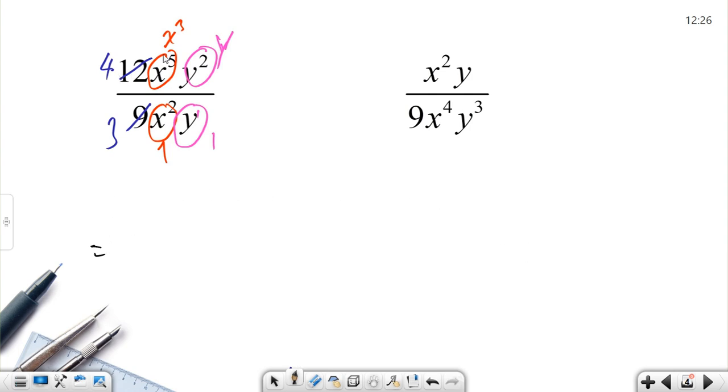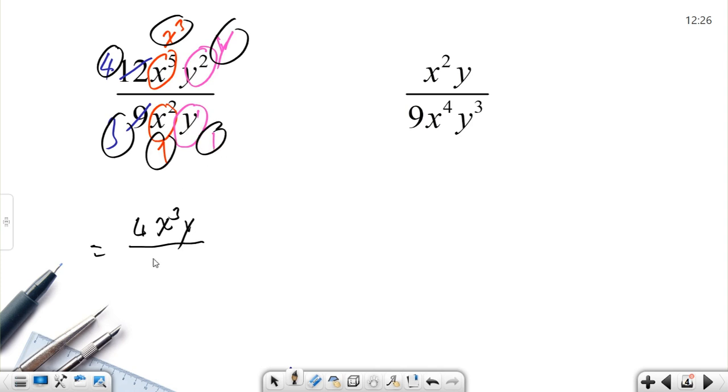So it will be equal to 4 times x cubed and y over 3 times 1, which is 3. So this is the simplest form. Instead of that one, 4 over 3 as the coefficient times x cubed y, we can separate it. All the variables are at the numerator, so we can separate like that.